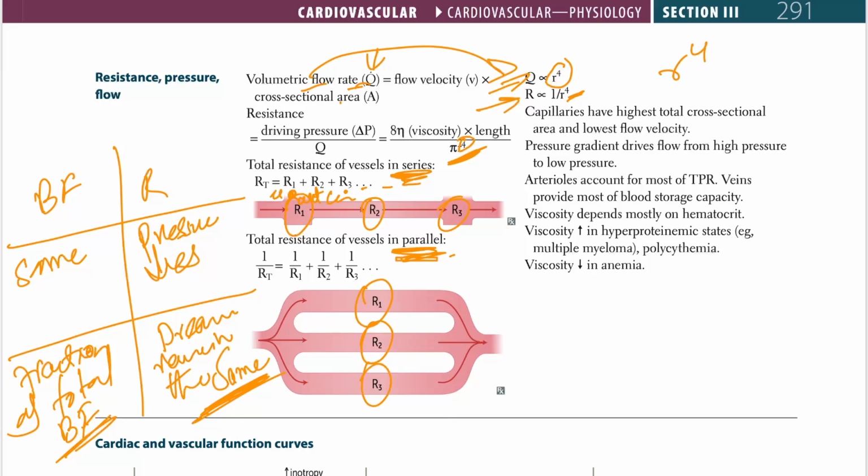Here, let's just do this actually. This is a high yield point, so let's look at it in more detail. Let's just draw it here. R, which is radius, you see it's R to the 4, right? So resistance is inversely proportional to the radius, which is mentioned right here, I'm just writing it down.